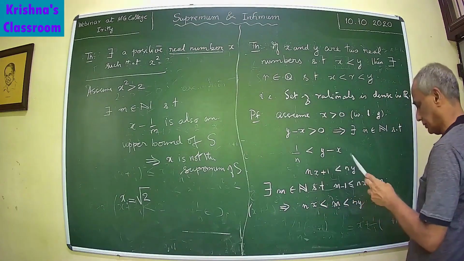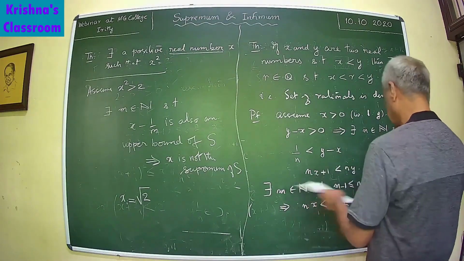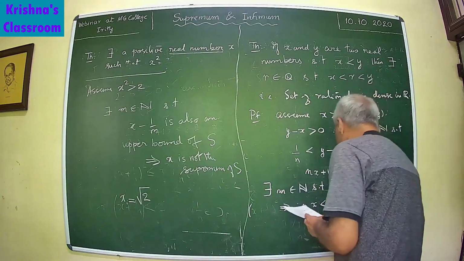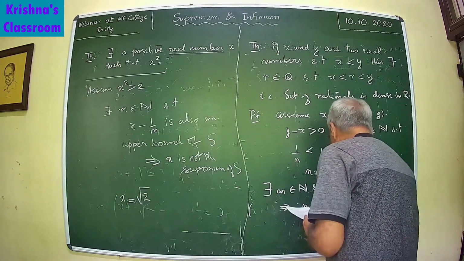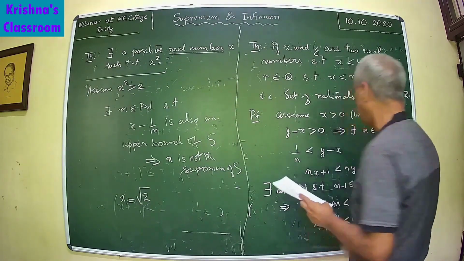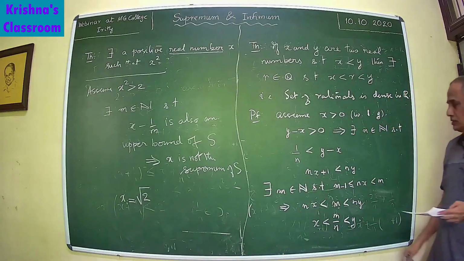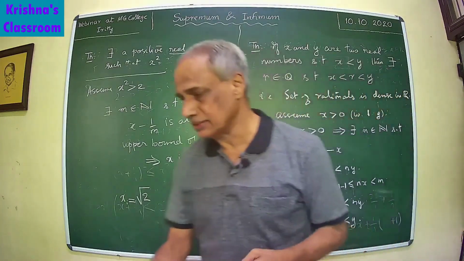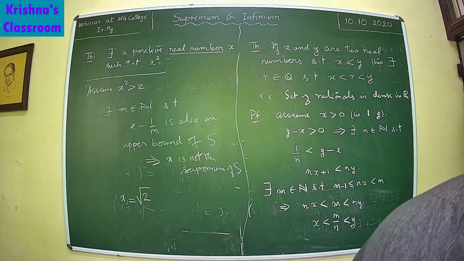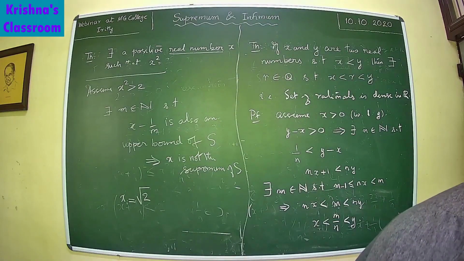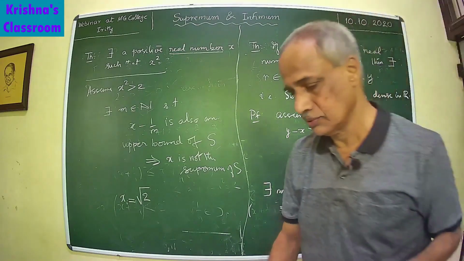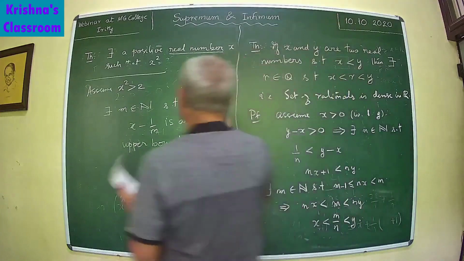So you have shifted everything here. Therefore you see that x is less than m by n, less than y. So that completes the proof of that. This is the beautiful theorem, and now it is just one little stroke to prove the other way. Let me prove that, and then complete the whole thing.